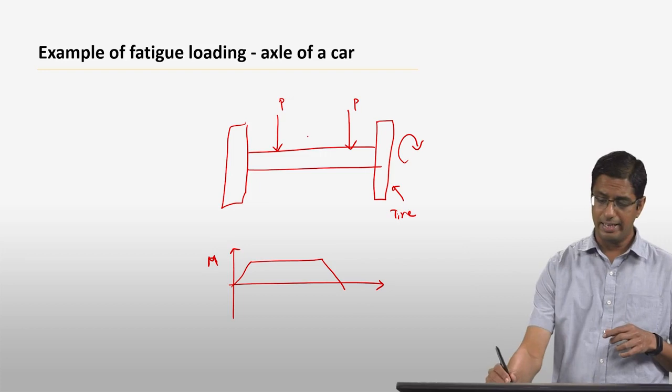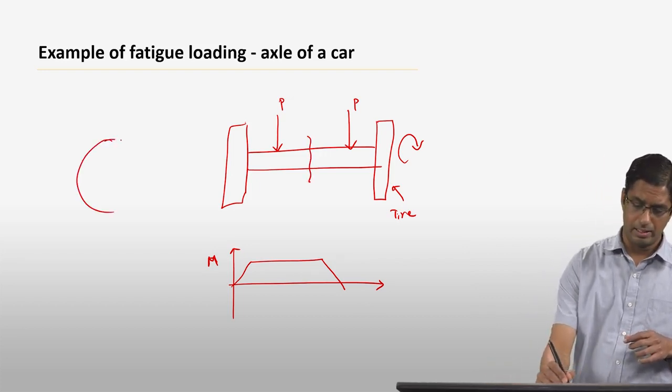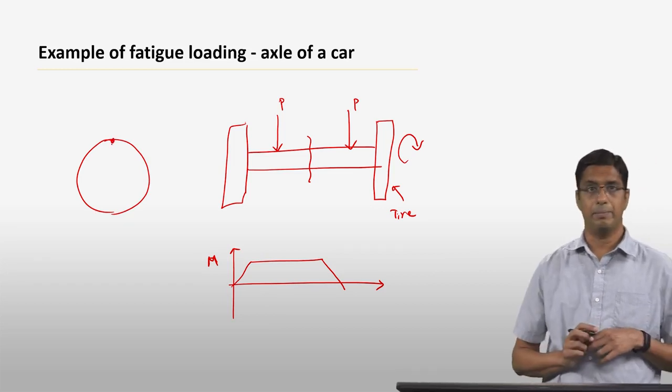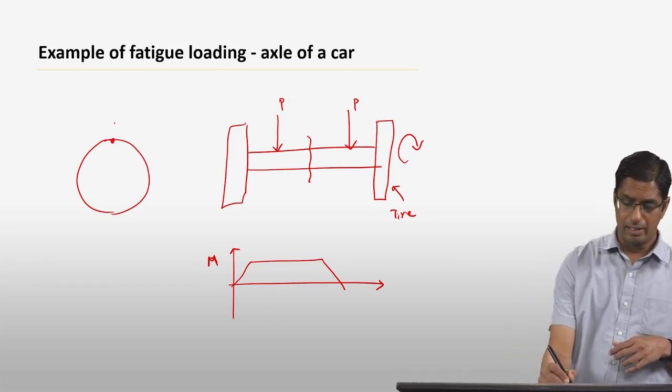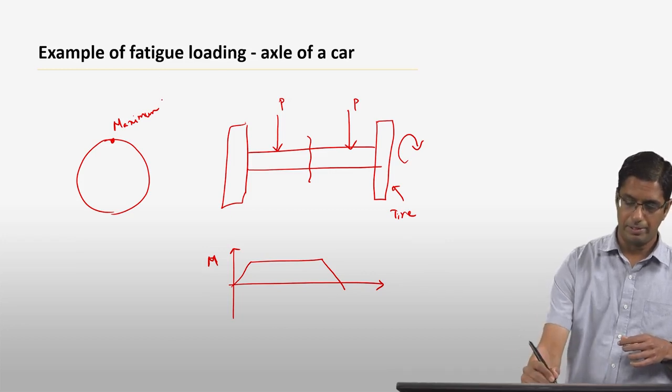So if you look at, say, a cross-section here, and then look at the cross-section in the side view, this particular point, for example, might be under maximum tension, or in this case, maximum compression.